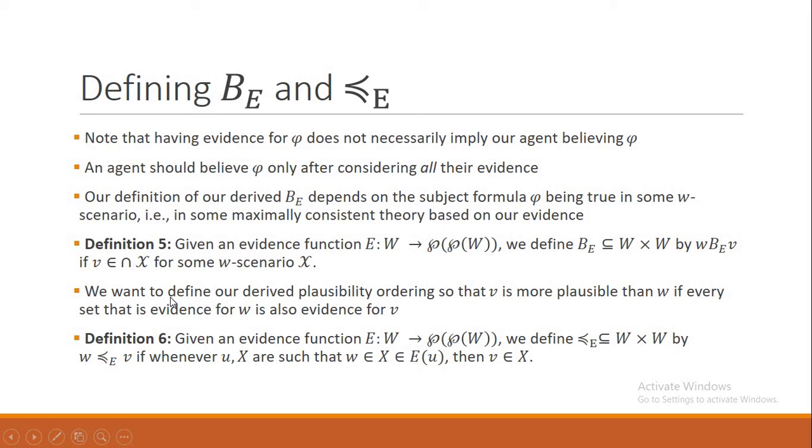Now, as for the plausibility ordering, we want to define our derived plausibility ordering so that V is more plausible than W if every set that is evidence for W is also evidence for V. So that's just what the definition is stating formally.